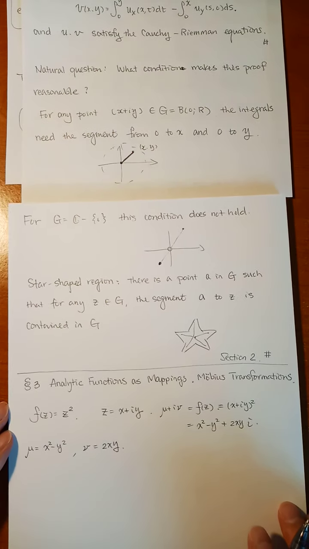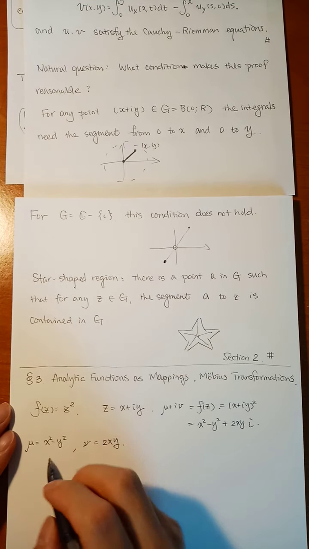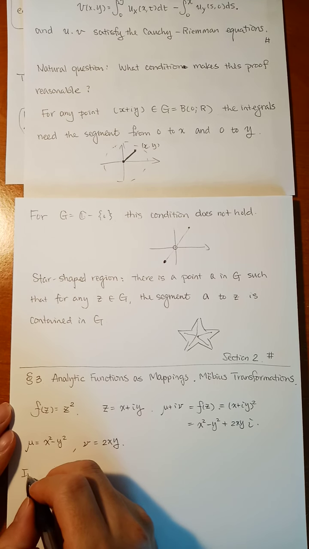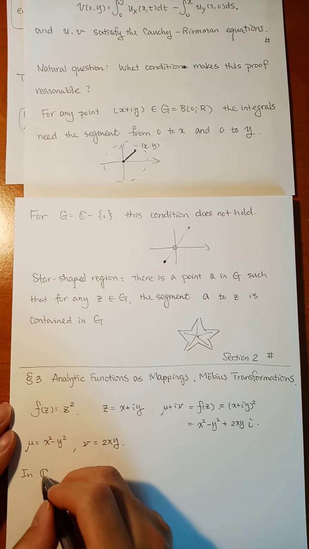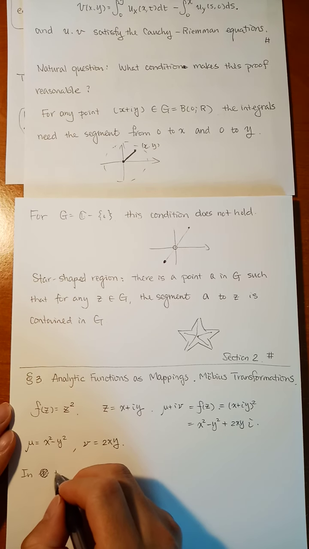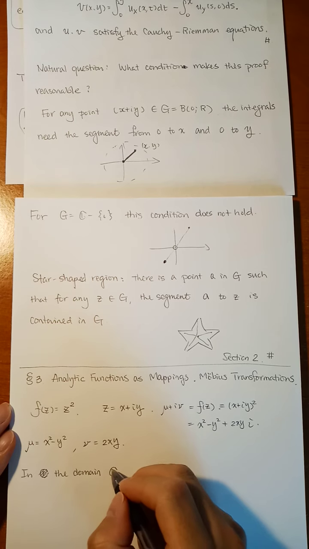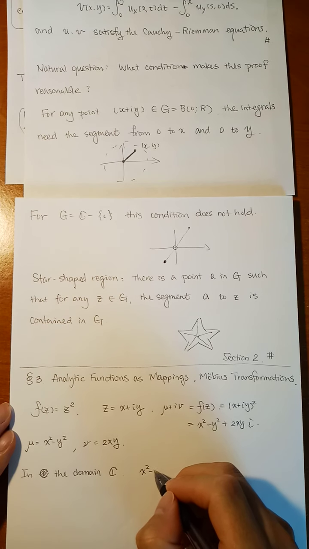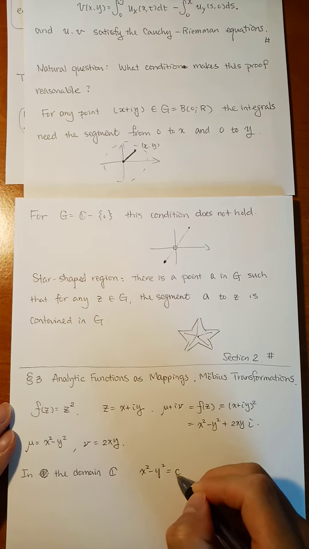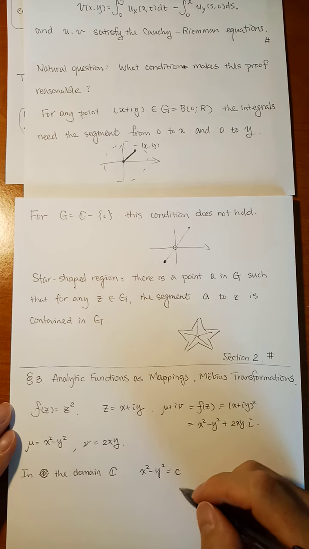All right. So what we have? In the domain C, x squared minus y squared equal to a constant is a hyperbola.